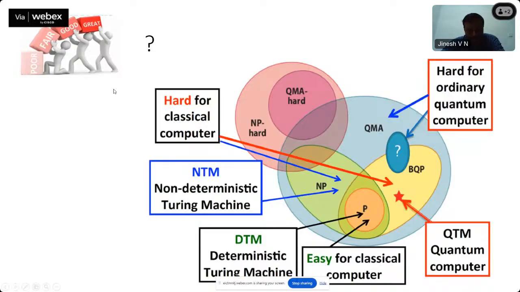By analyzing various problems identified in the universe, from the perspective of human requirements, there are different types or classes of problems. One is P, NP, BQP, the quantum machine algorithms, then NP-hard, and so many more. We'll see all the classes in detail.